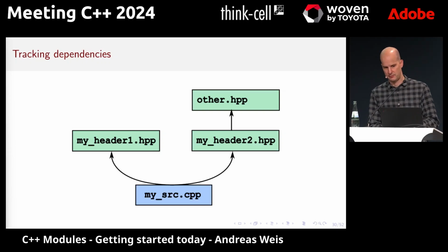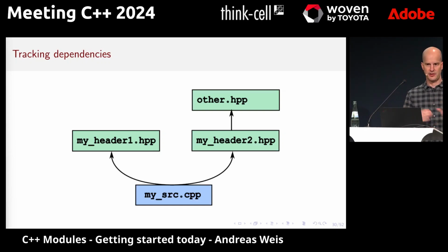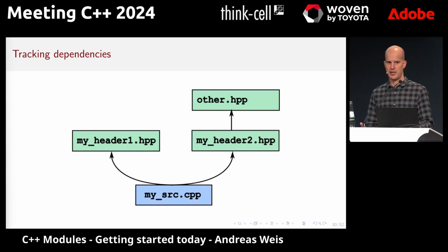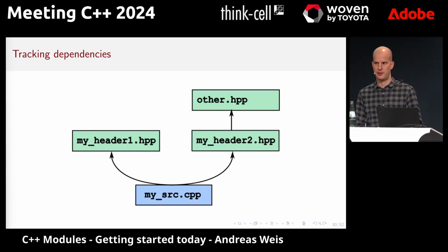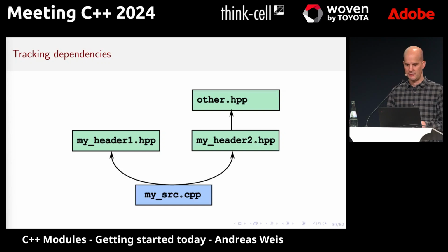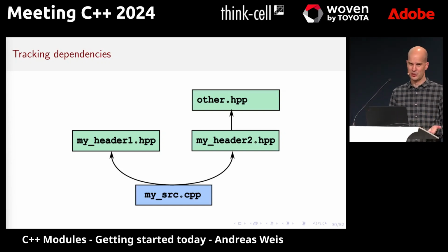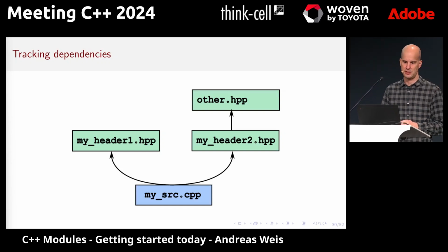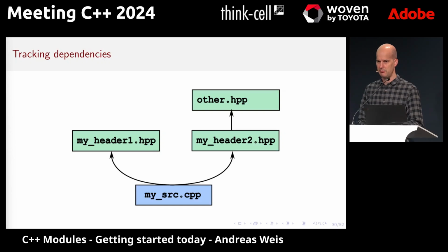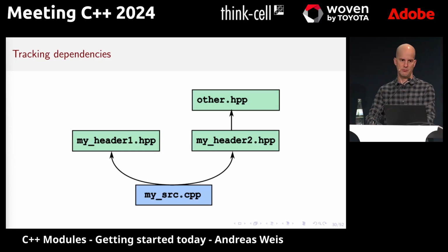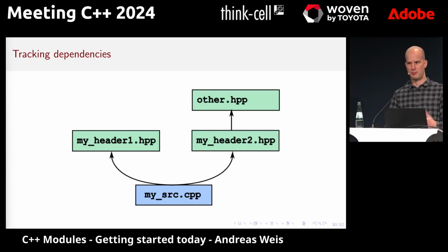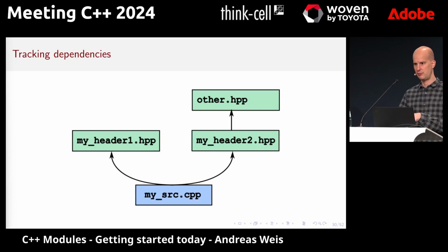If I recompile too little, if I missed some dependency, then my program ends up in an inconsistent state, which is very bad. If I recompile too much, it's not quite as bad since my program is still correct, but I'm also doing a lot more work than I should do, right? I want my builds to be efficient, so I don't want them to rebuild stuff that doesn't need rebuilding.